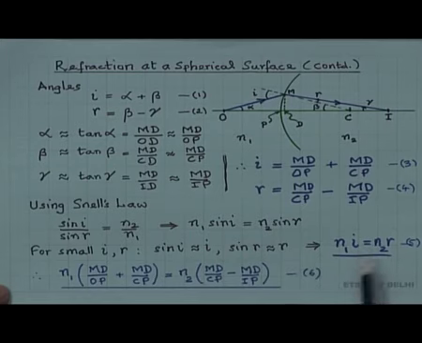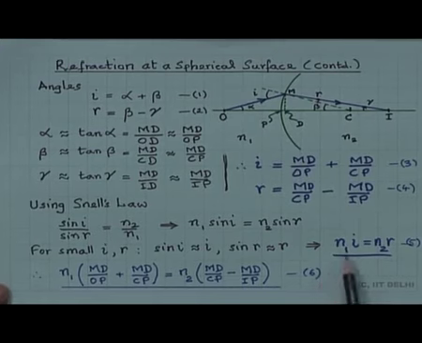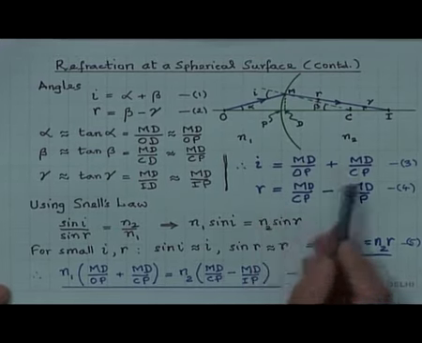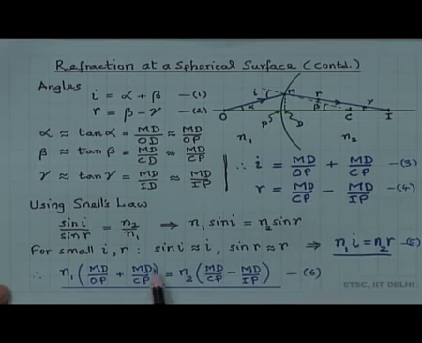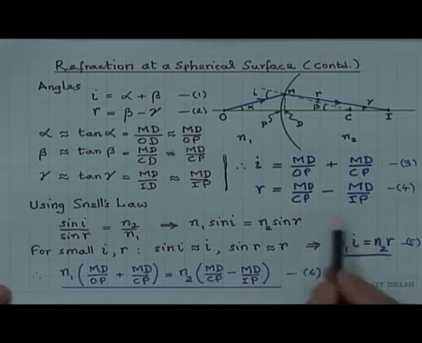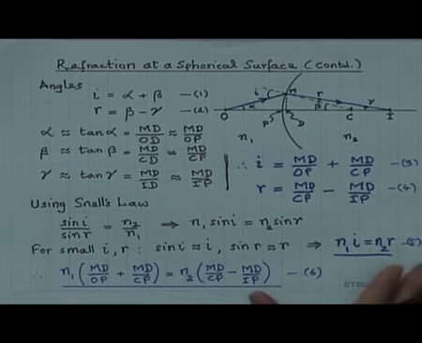This is a very good approximation, n1 i is equal to n2 r. Now, i and r are given here, therefore, n1 into i from equation 3 is equal to n2 into r from equation 4. Let me call this equation number 6.